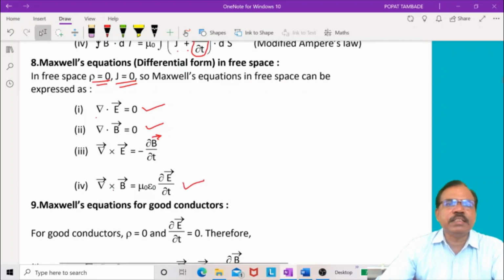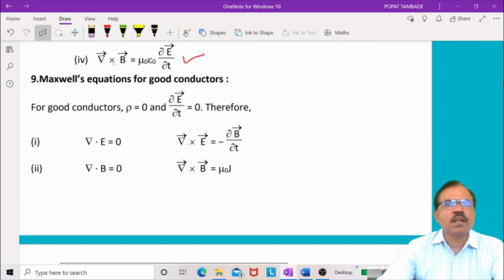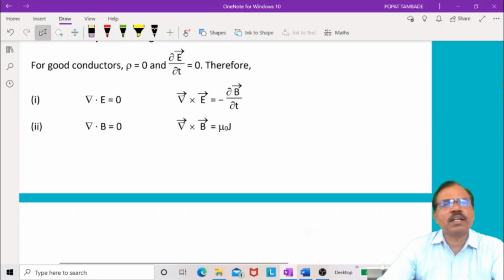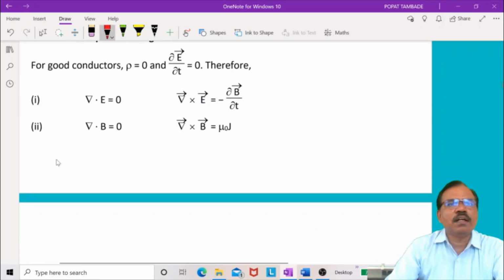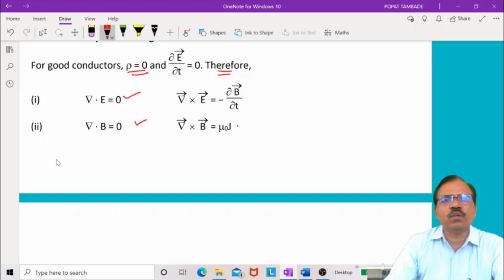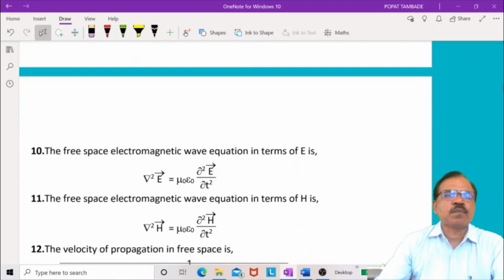So this is in free space. Now Maxwell's equations for good conductors: rho is equal to 0, ∂E/∂t is equal to 0. So we get del dot E is equal to 0, del dot B is equal to 0, del cross E is equal to minus ∂B/∂t, and del cross B is equal to mu 0 J.